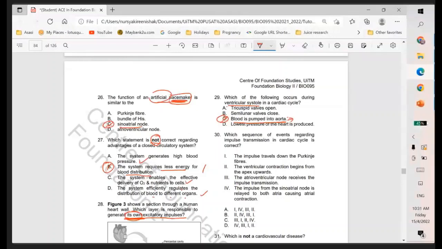Dania, 30. Farha. Which sequence of events regarding impulse transmission in cardiac cycle is correct? My answer is B, because it should start from the SA node.